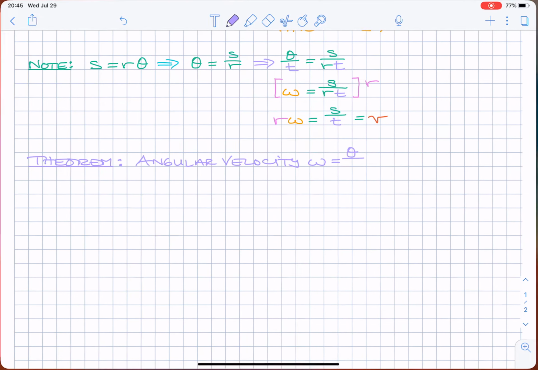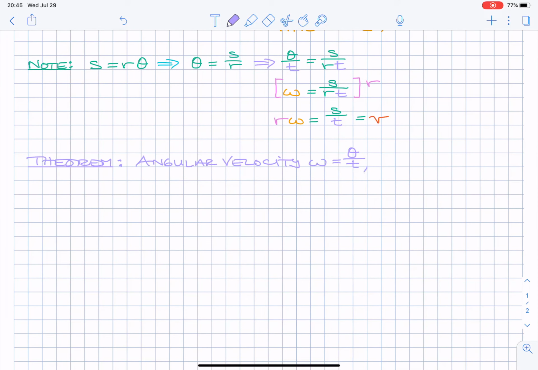Let me write that better. Theta over t, where, of course, theta is in radians. And linear velocity v is equal to r times omega. Okay?